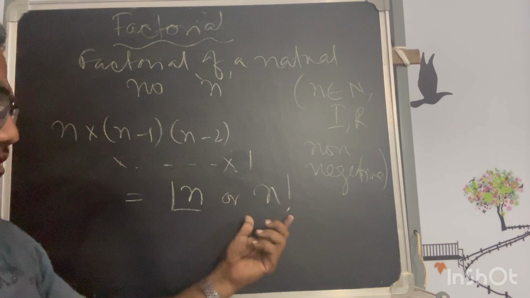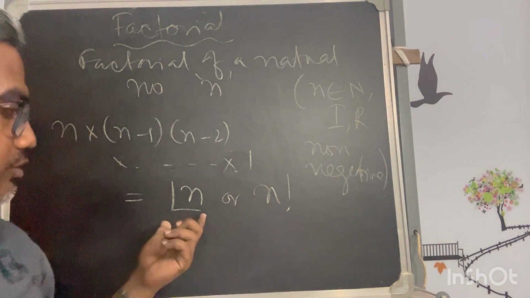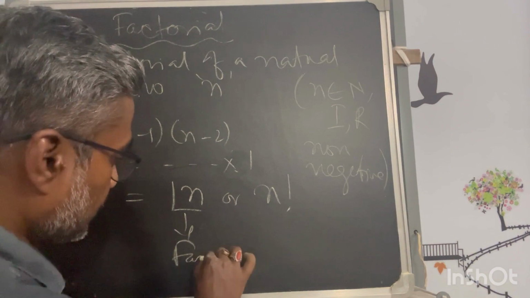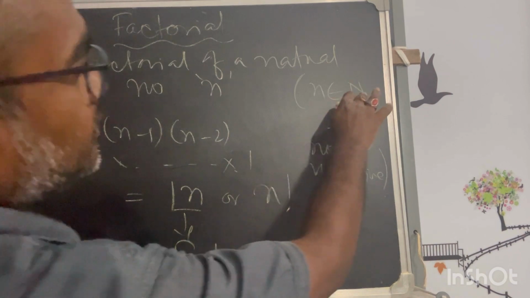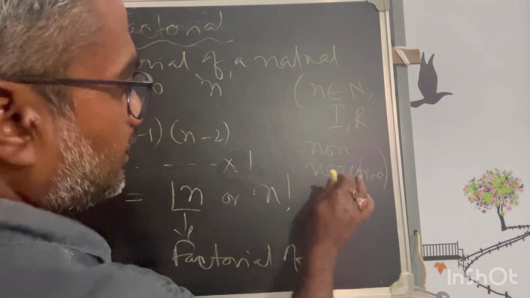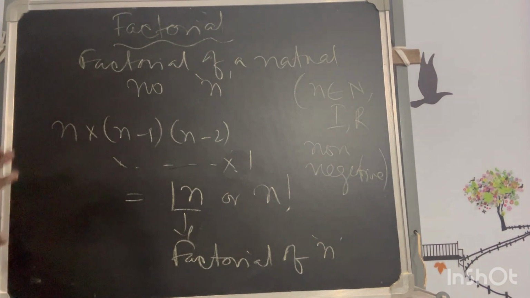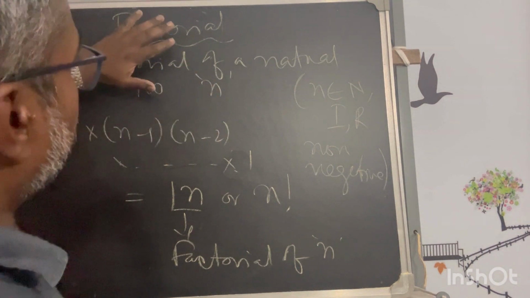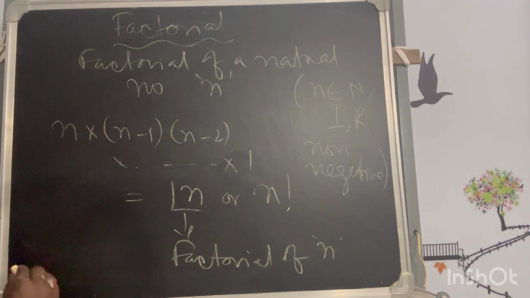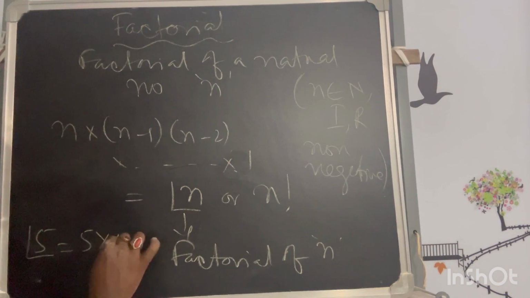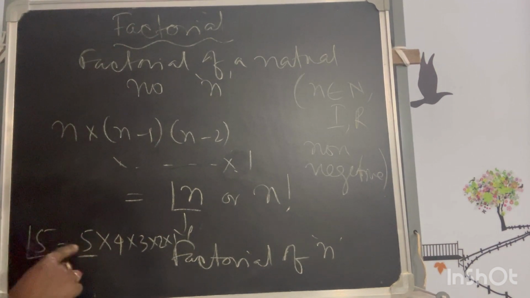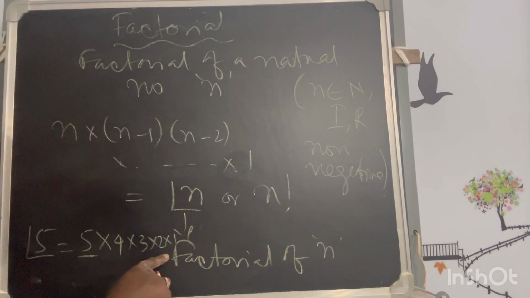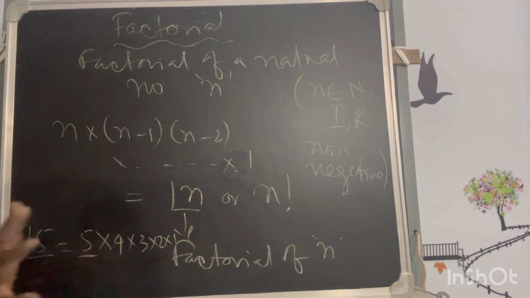This is one kind of notation, this is another, both are correct, and we call this the factorial of n, where n is natural, integer, real, and non-negative. Okay, so this is the definition of factorial. For example, if I want to calculate factorial 5, it means 5 into 4 into 3 into 2 into 1. So starting from the number itself, multiplying all the natural numbers till 1. That is the concept of factorial.